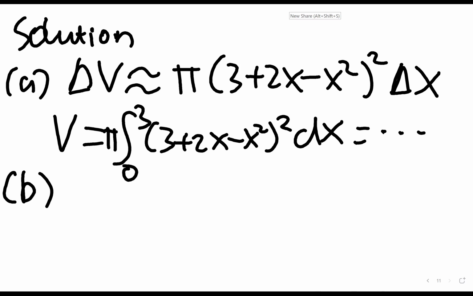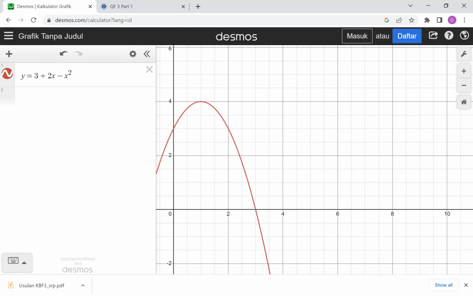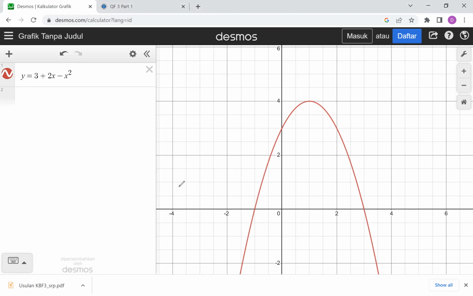We'll use the same region, but now what is the difference for part B? What is the rotation axis? The rotation axis is the y-axis. So first I will move slightly here.